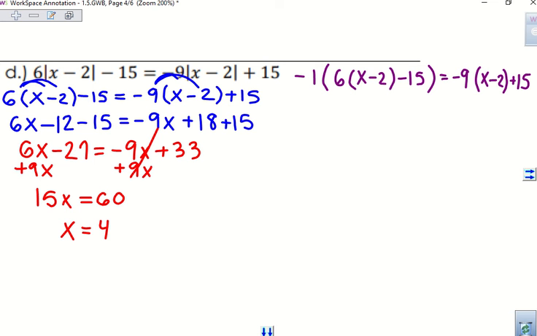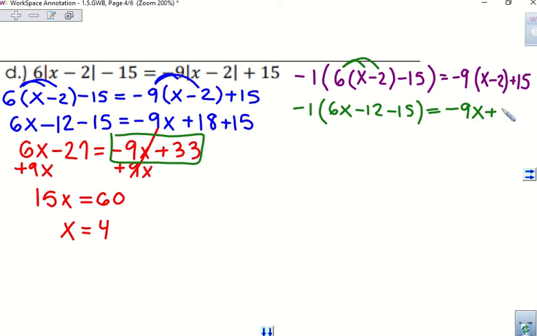Now we're going to do the other one. Notice I made that negative out front. So here's how I'm going to do it. I'm going to distribute inside the parentheses first. And then, did I change anything about the right side of the equation? No, so I already know it's going to come out to be this, right? So I don't need to do all that work all over again.